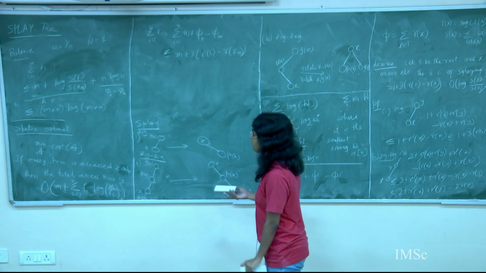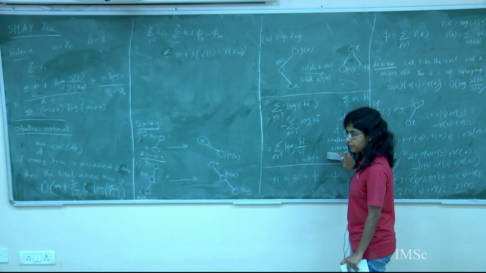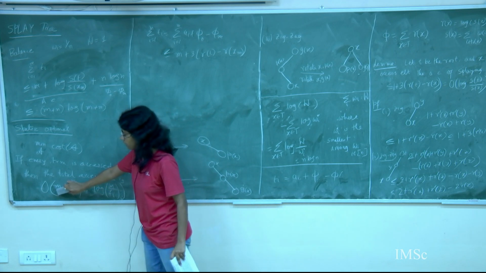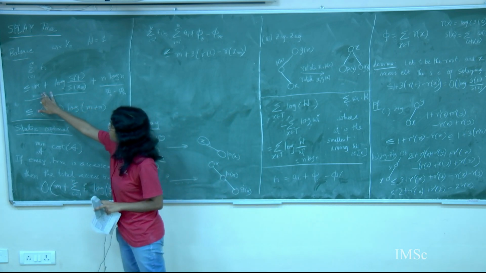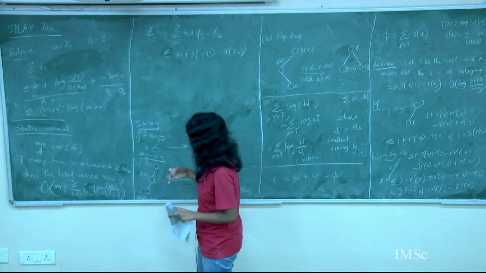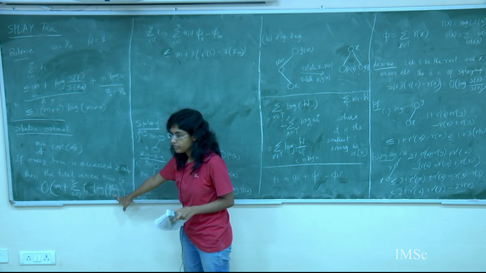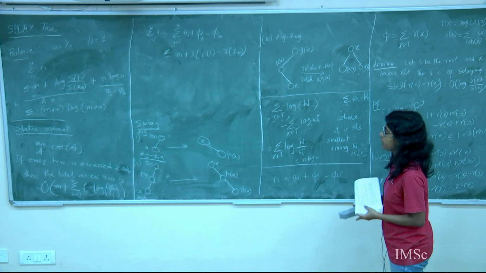The decrease in potential will be n log n, right? Plus m you will get from the plus 1 term of the amortized cost, and the total thing I want to be this thing. So then what should be the weight?